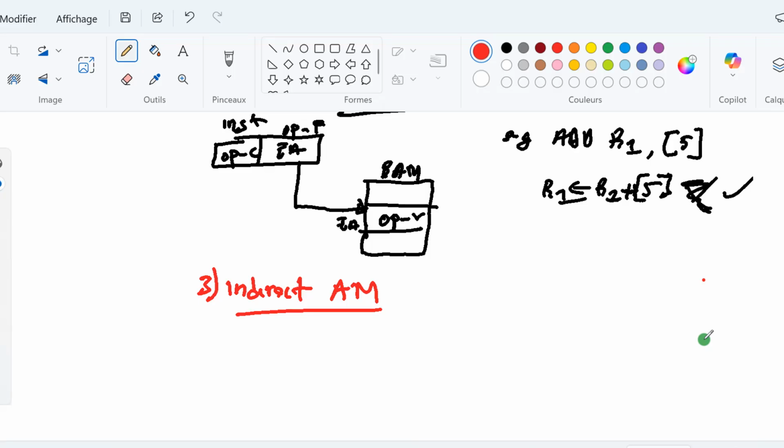Indirect addressing mode is a type of addressing mode where the operand field stores the address of the effective, or let me reformulate it, please, because this one you need to concentrate to get it. Let me just draw it, so that when I'm explaining, everybody is following, since people are tired. So the opcode is not a problem. Now I'm having an address.